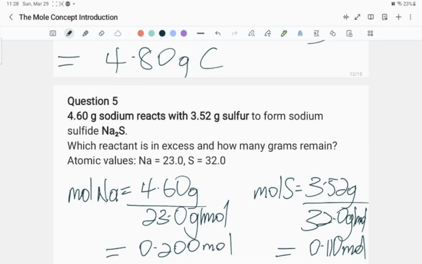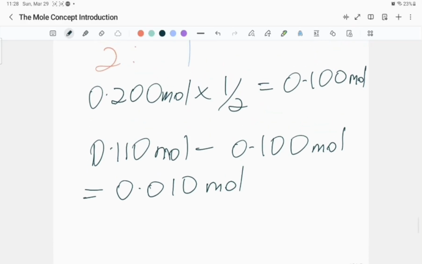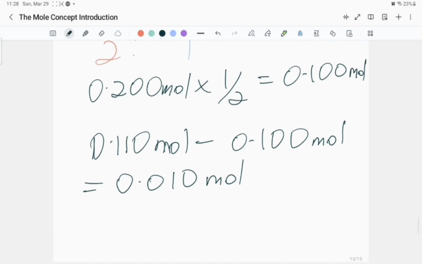All right, so the question also wants to know how many grams remain. Now that we know which reactant is in excess, to find how many grams remain, we take the excess moles and multiply by the mass of sulfur.